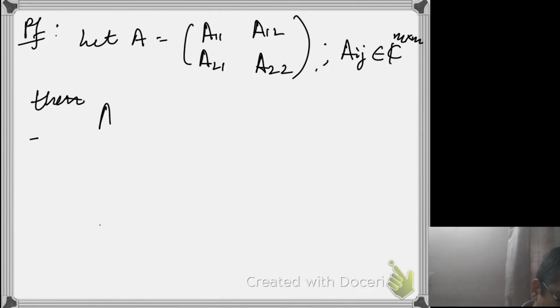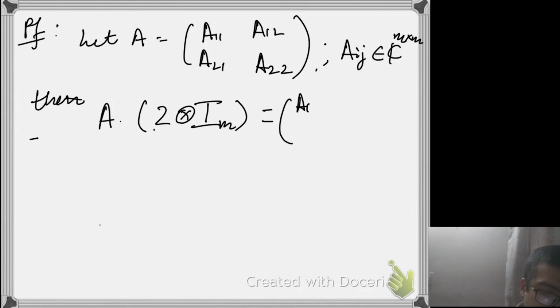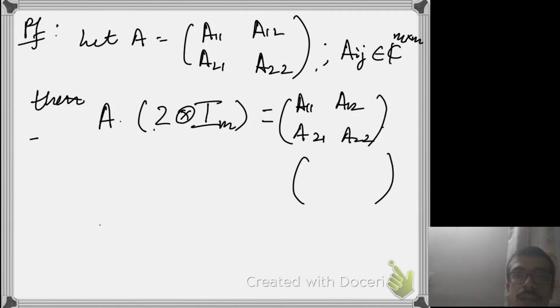Then A times Z tensor IM. Okay, let's try to compute this thing. So how would Z tensor IM look like? So this would look like IM, 0, 0, minus IM.